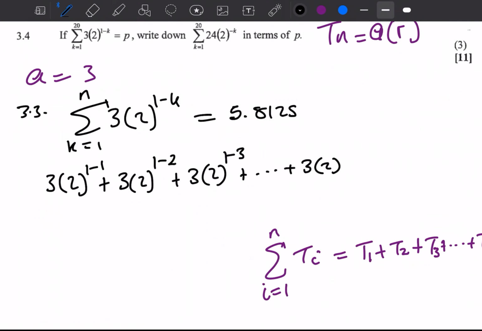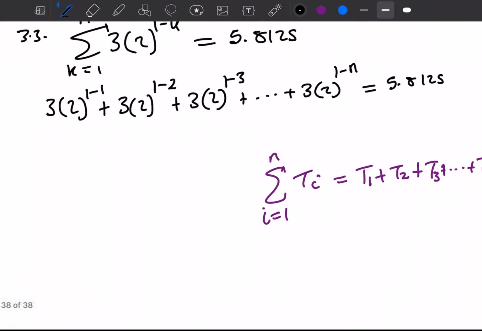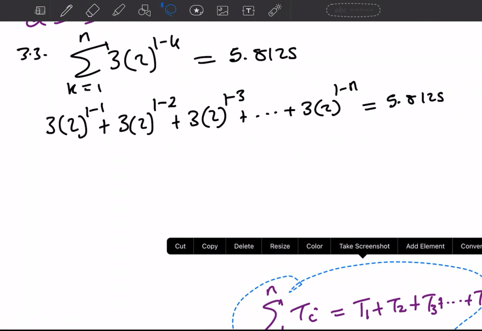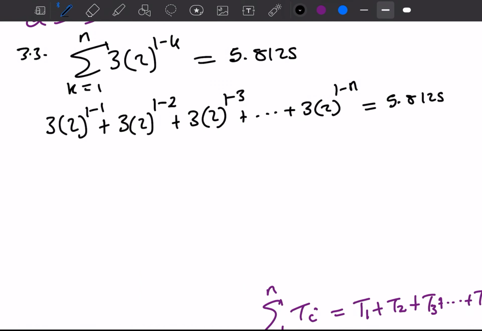That's why it's called sequences or series, because it demonstrates a certain pattern, so it's going to go all the way until n, equal to 5.8125. Okay, I'm going to take this a little bit down because I want to continue with what we're learning here.